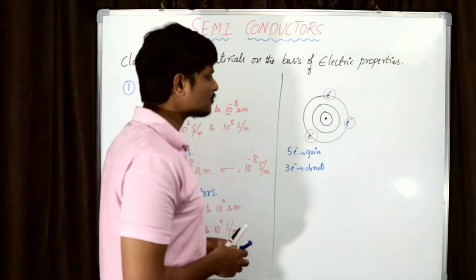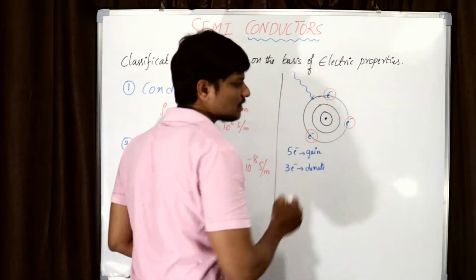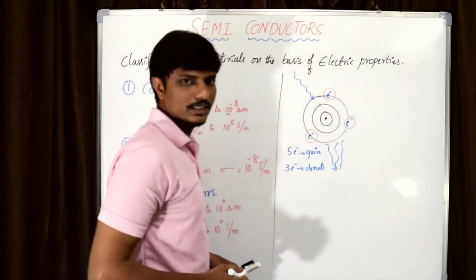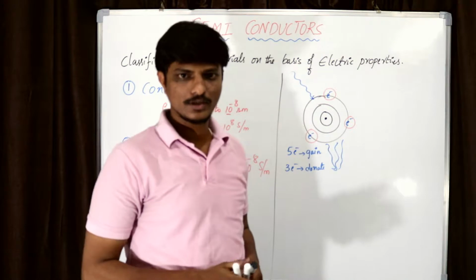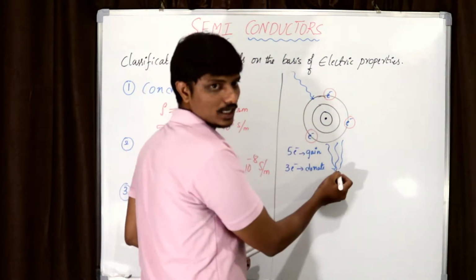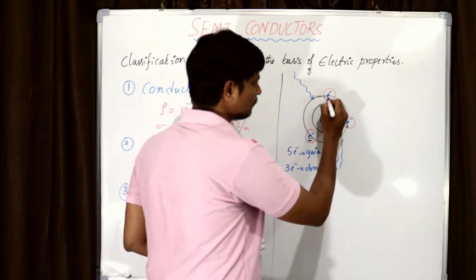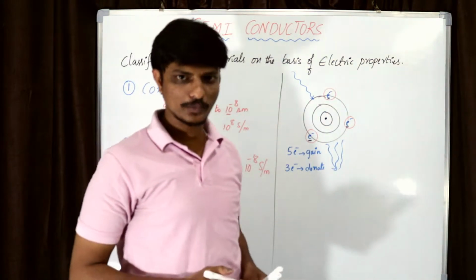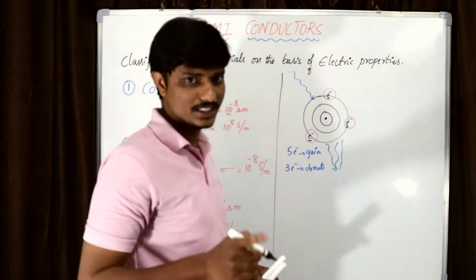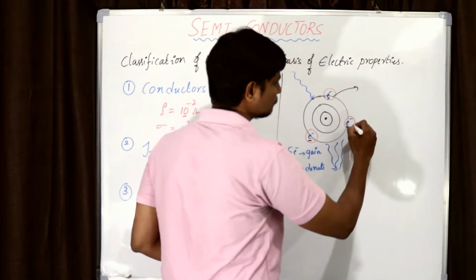No. So what happens whenever light of suitable frequency or heat is supplied to a material? The energy of the light or heat is absorbed by the electrons, and whenever the outermost layer electrons have absorbed the energy, their kinetic energy will be more, therefore they will come out of the atom.